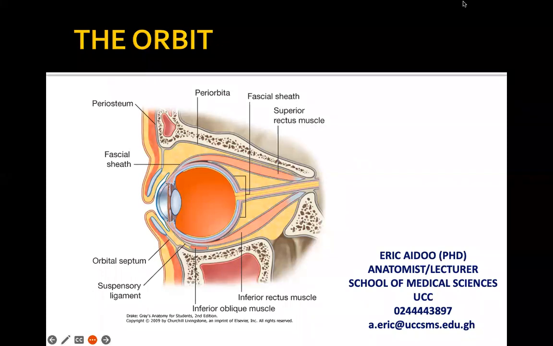Now let's concentrate on the orbit. Yesterday we touched on the osteology part, so I believe this will be very smooth sailing for those of you who were present. So this is the periosteum, and then you have the periorbita there, all the way.